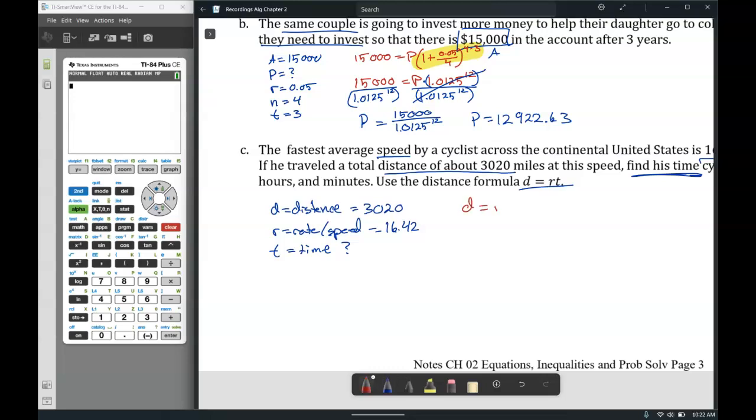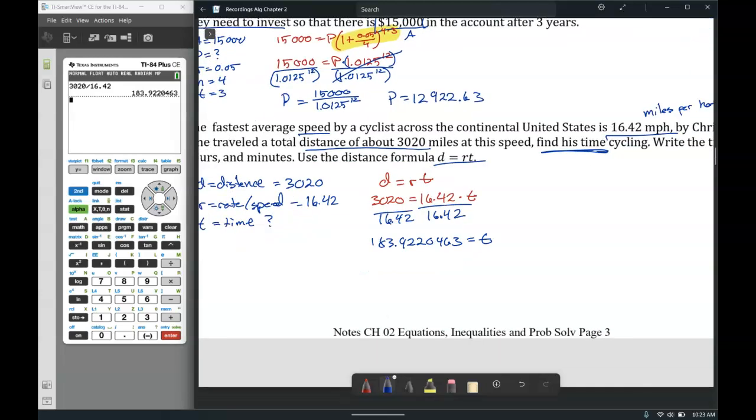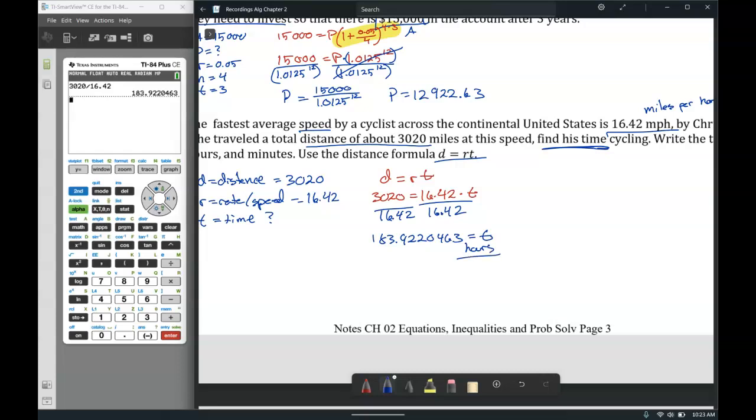So using the formula D equals RT, we can plug in the distance: 3,020 equals 16.42 times T. If we divide both sides of our equation by 16.42, then we get a time, 3,020 divided by 16.42, of 183.922046 equals T. Now, note that because our rate is in miles per hour, this value of time is given in hours.